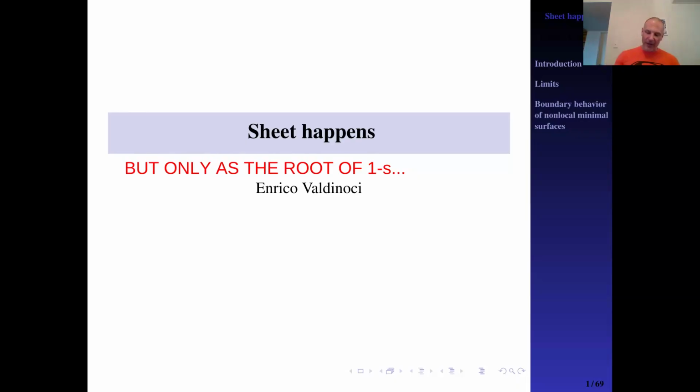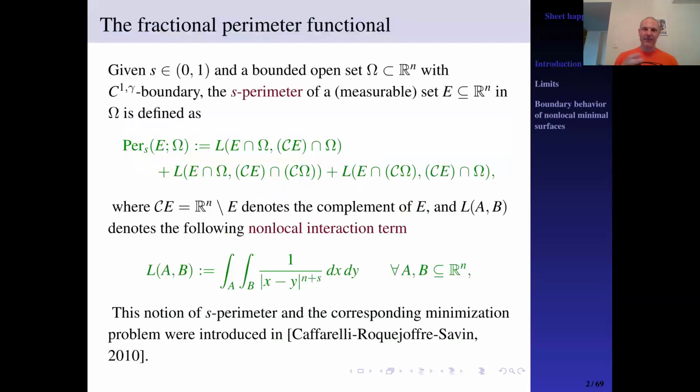s will be my fractional parameter in a sense that I'm going to discuss now. So for me, s is a parameter between 0 and 1, and I consider what Caffarelli, Roquejoffre, and Savin denoted the s-perimeter of a set E in Omega.